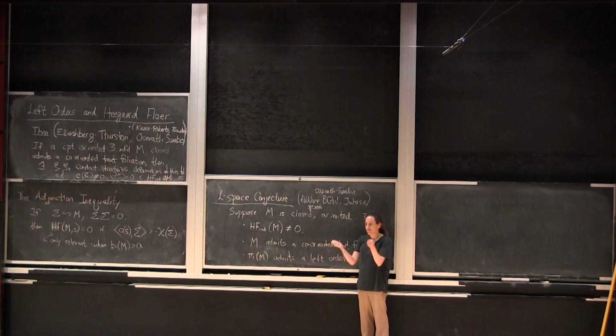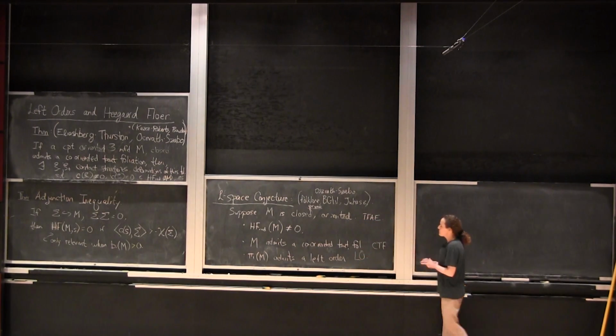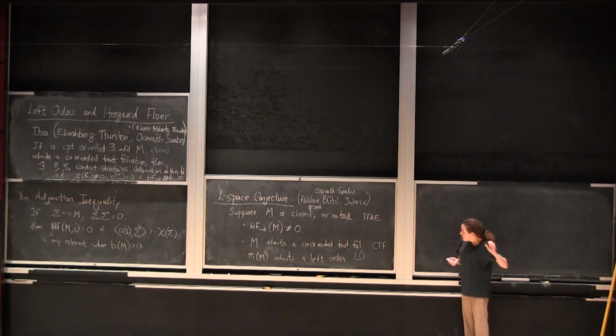And unfortunately, the taut foliations on each component don't glue nicely with each other. If you replace this with the contact structure deformations, then they would play nicely with each other too, and it would just be something that glues together along S^2s. But the taut foliations don't glue along S^2s. So this has to be prime for it to really be possible. So do we know about this so far?